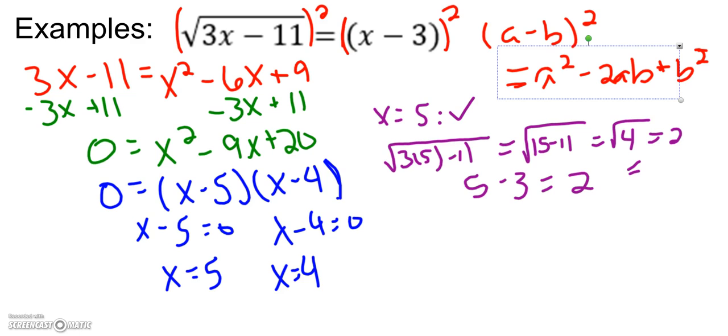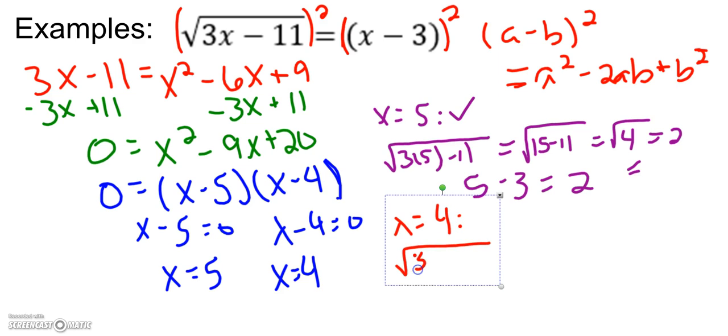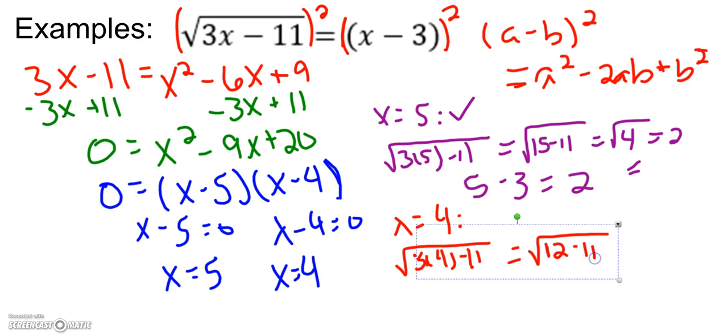Now let's check x equals 4. I'll have the square root of 3 times 4 minus 11. So that's the square root of 12 minus 11, which is equal to the square root of 1, which is 1.